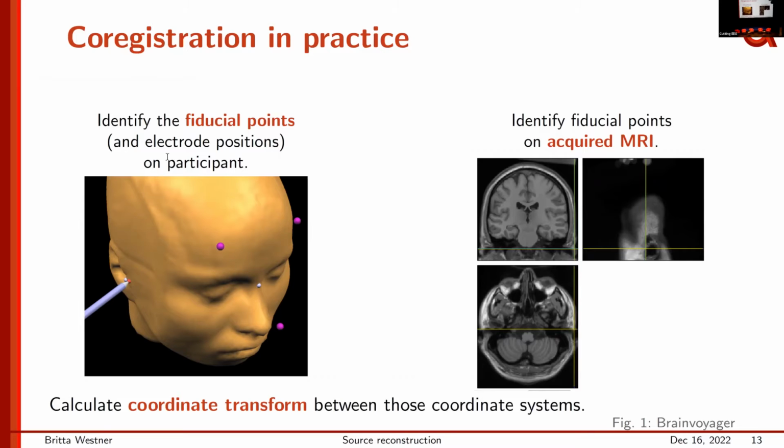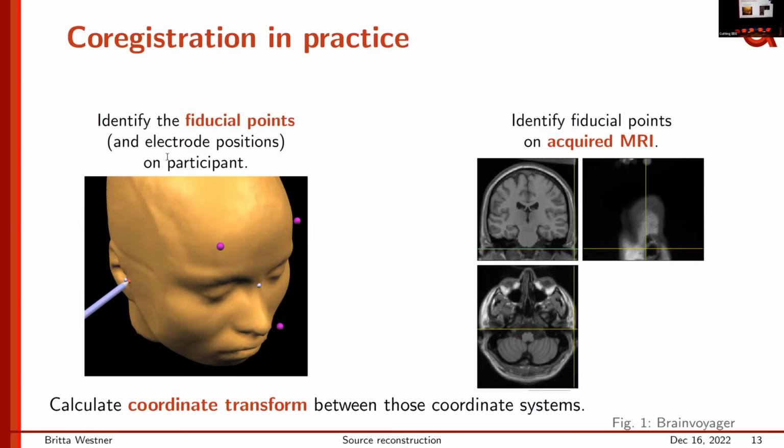And then you would try and find, as well as possible, those same points again on the MRI. Then we have 3 points in the MEG coordinate system and the same 3 points in the MRI coordinate system. And the software can compute a transform between those 2 coordinate systems.